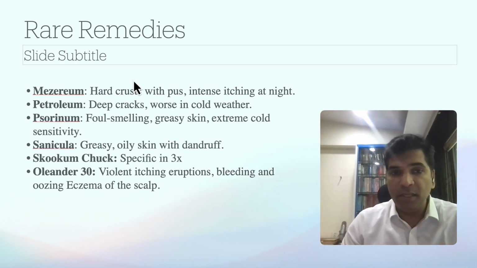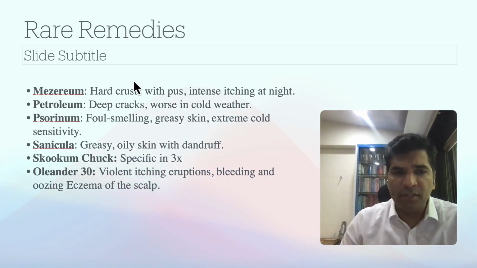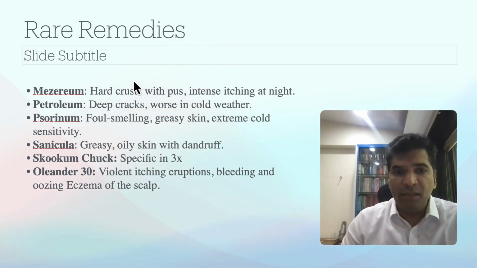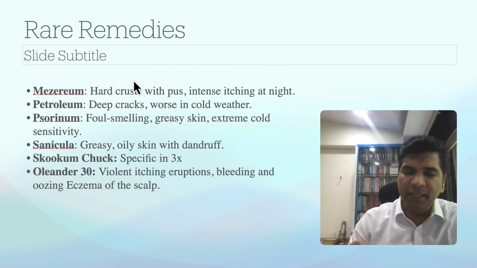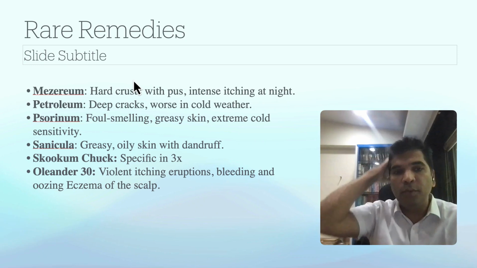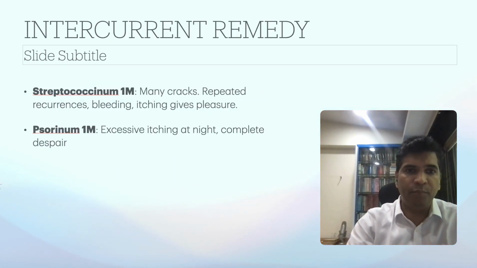When nothing is coming up, at least it will settle the case. Then you have oleander 30. Violent itching, eruptions, bleeding, and oozing eczema on the scalp is oleander 30. So again, a lot of itching is there, bleeding is there, and a lot of oozing coming out of the eruptions from the scalp is very specific of oleander 30.